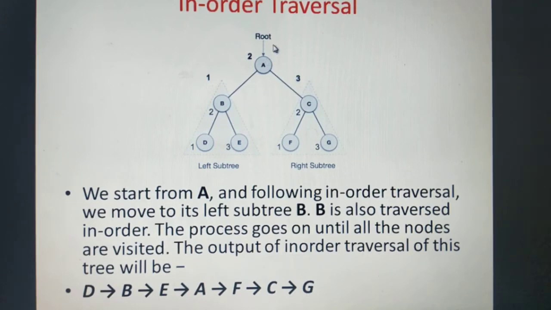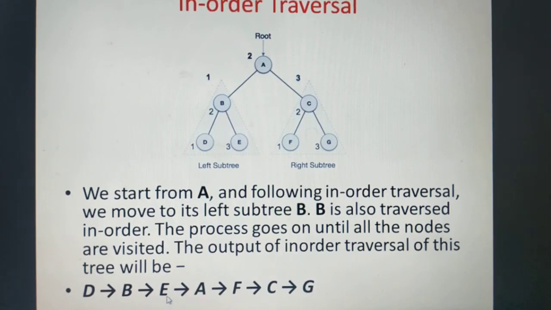According to in-order traversal, we start from the root, then it says left, root, and right. So we go to the left subtree and again apply in-order traversal: left, root and right. Hence we have the left, that is D, then B and then E. So we completed the left subtree here.